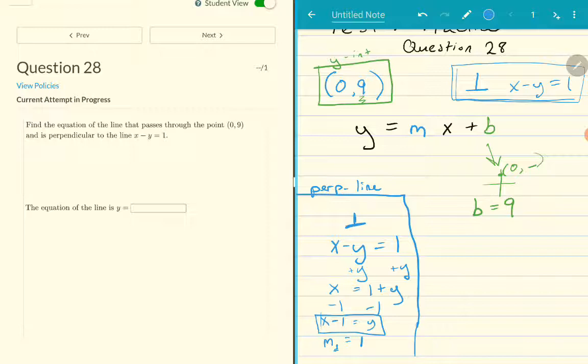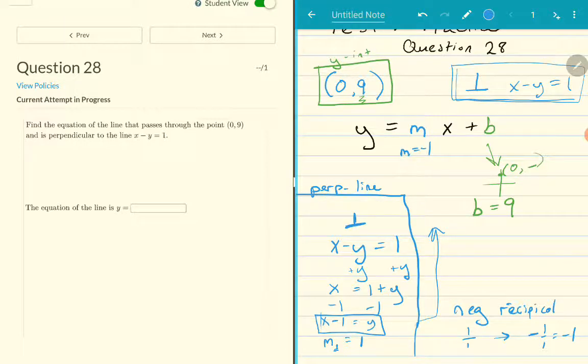So if the perpendicular line's slope is 1, then the m that is of interest for my line is the negative reciprocal of that. 1 as a fraction is positive 1 over 1, so the negative reciprocal is negative 1 over 1, which is really just negative 1. So now I know m equals negative 1.